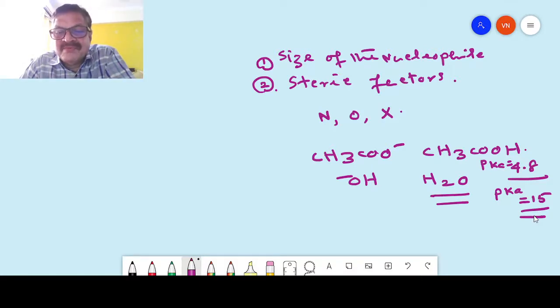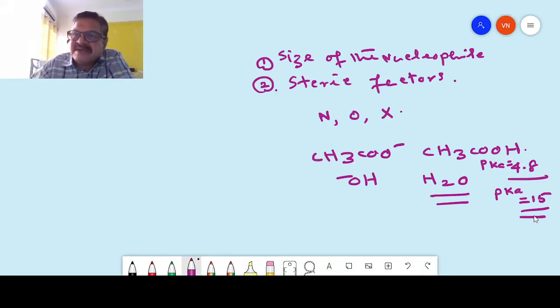That means two nucleophiles having the same nucleophilic atoms, we can compare them. In that case, the stronger base will become the stronger nucleophile, which we are finding out by comparing the pKa values of the conjugate acids. OH minus here is a stronger base and a stronger nucleophile.